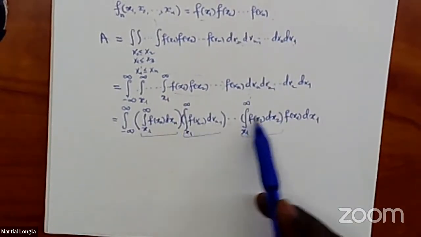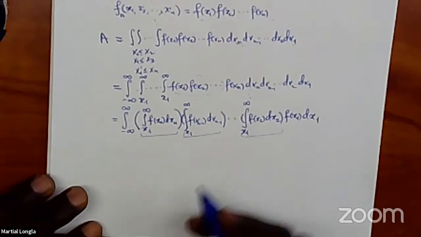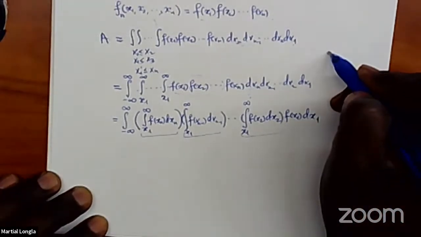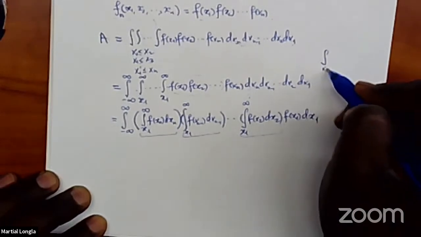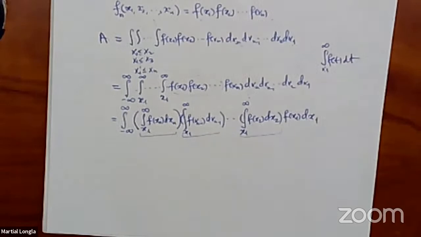So all these integrals are equal, and each of them is just equal to the integral from x1 to infinity of f of t dt, because it doesn't matter how you call the variable of integration.